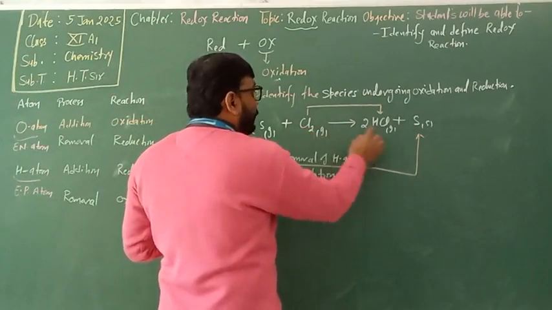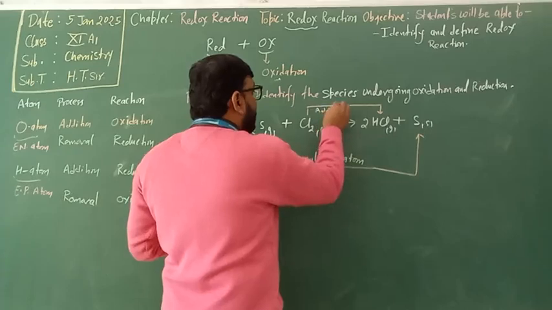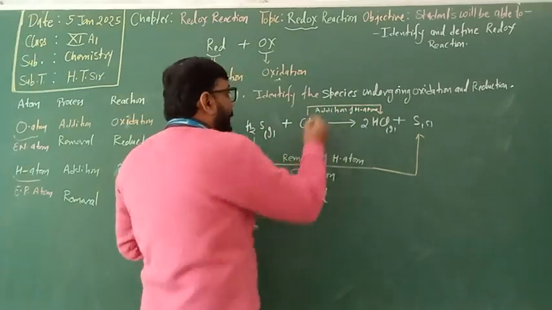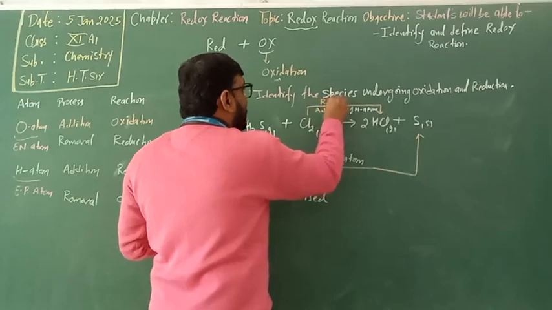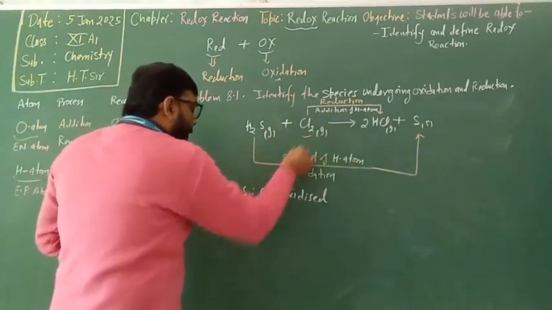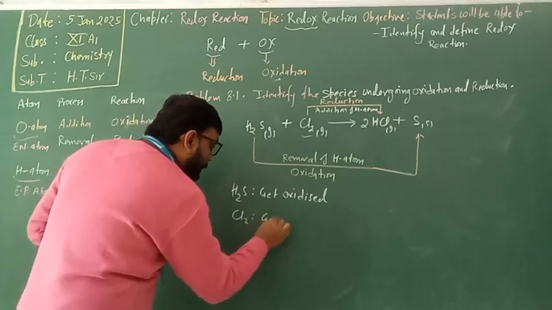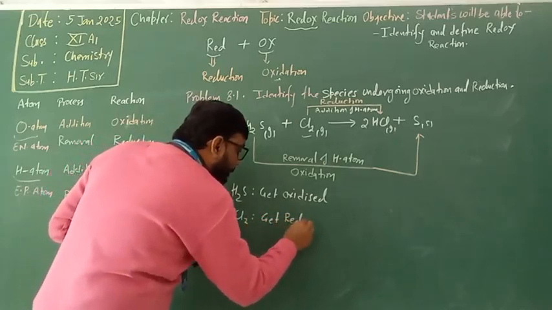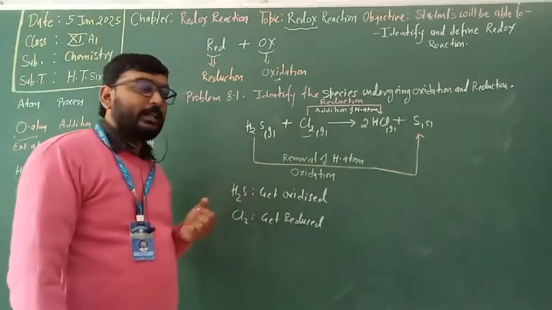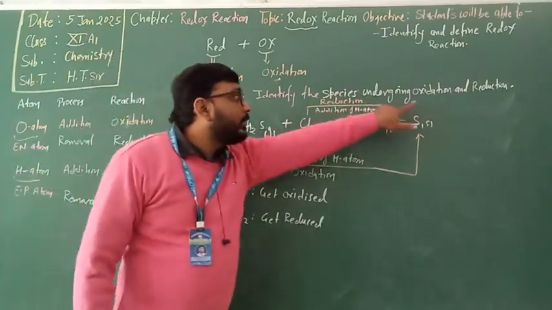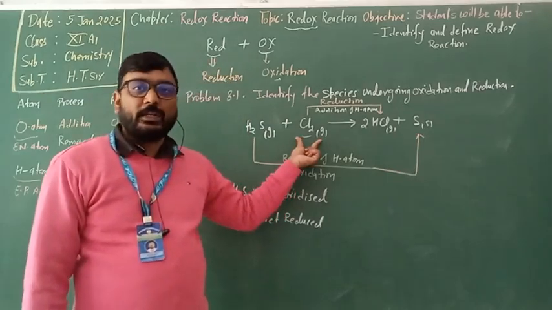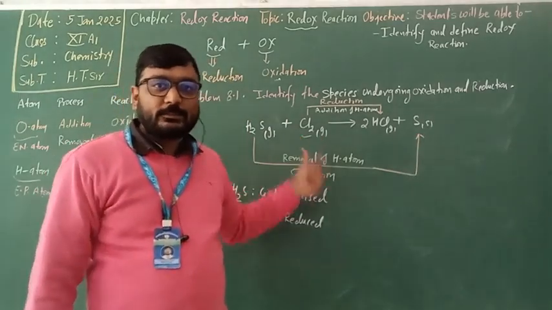Addition of a hydrogen atom. And when hydrogen gets added, we call that process reduction. So chlorine is the species here which gets reduced to HCl, and H2S is the species which gets oxidized. Means the species undergoing oxidation is H2S and the species undergoing reduction is Cl2. Is it clear? Okay.